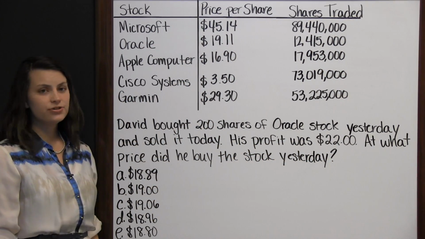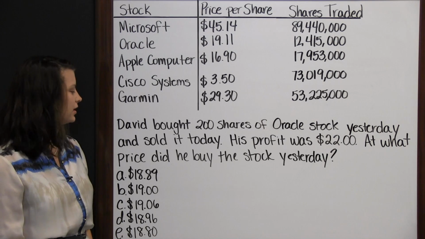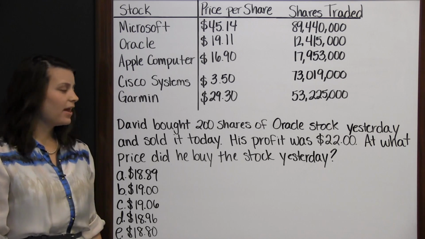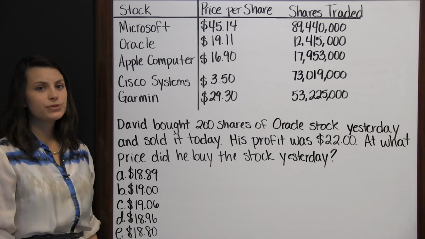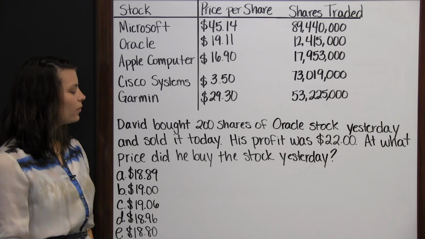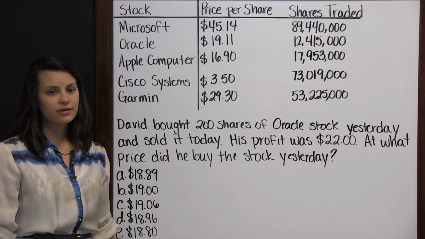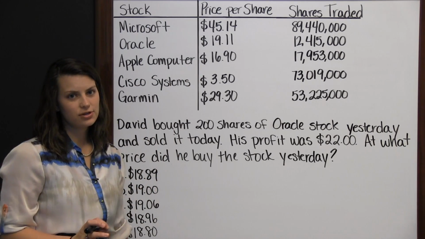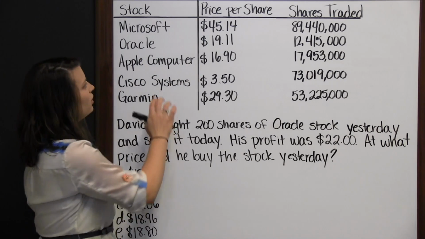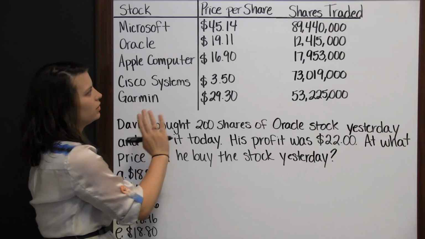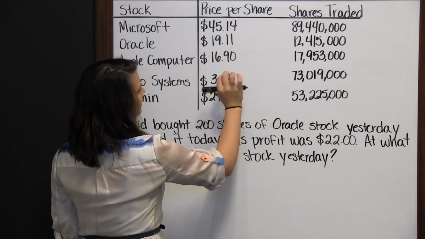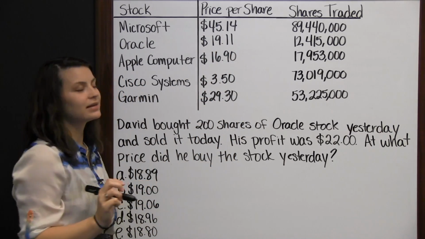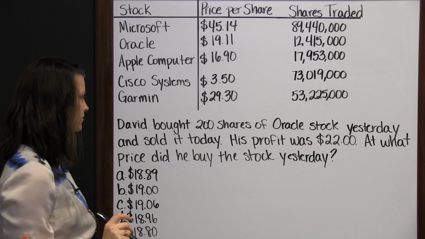David bought 200 shares of Oracle stock yesterday and sold it today. His profit was $22. At what price did he buy the stock yesterday? We have this table of information to use. So we're only focusing on Oracle stock, which presently is being sold for $19.11 per share.